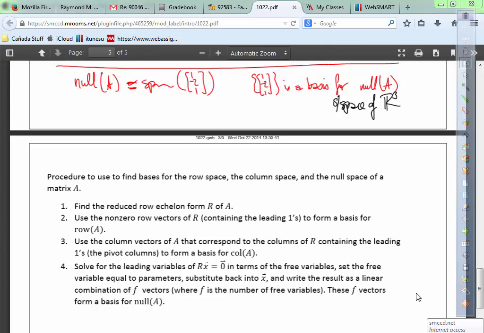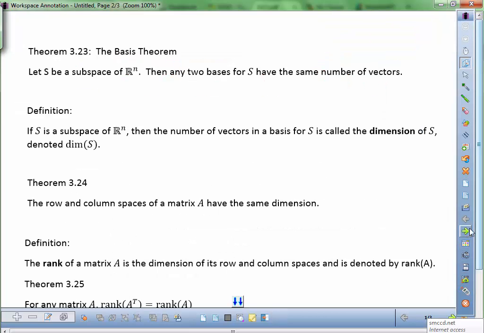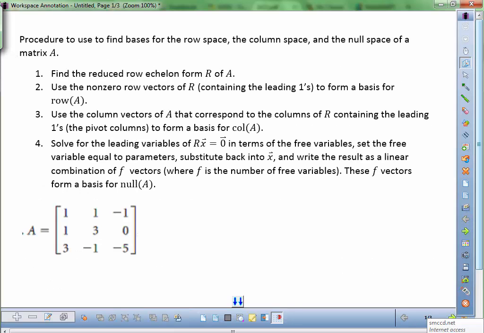By doing elementary row operations to a reduced row echelon form, we can find the basis for the row and the column and all that stuff. So I wanted to do that again just as a quick exercise.